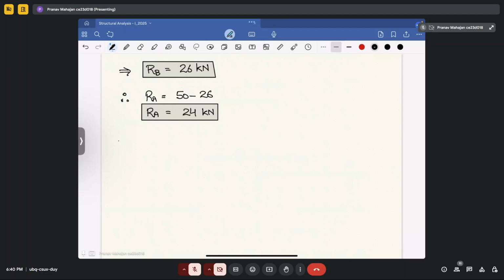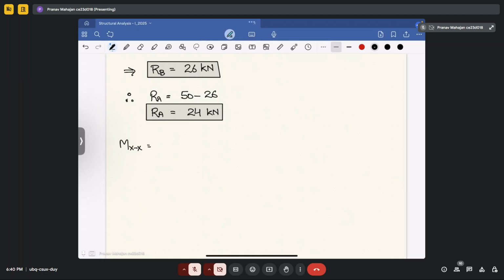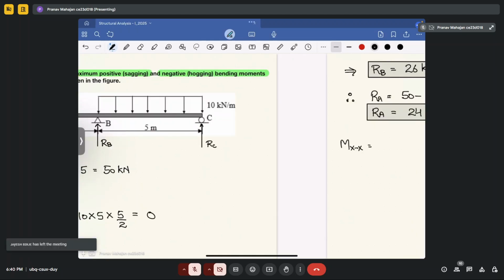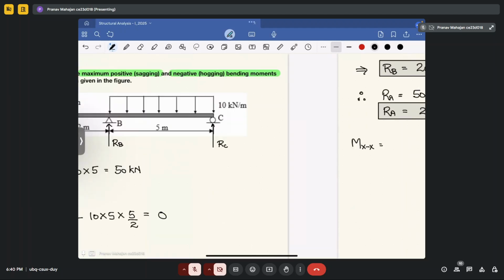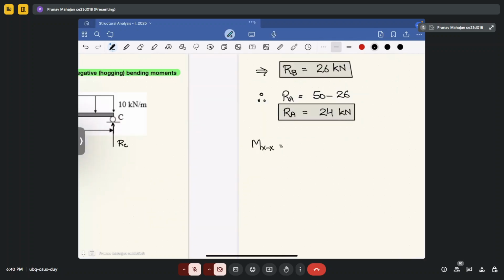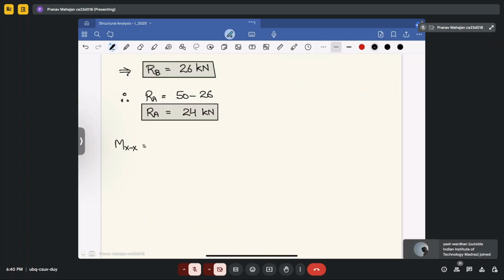So take a section XX. Okay. So this will be RC.